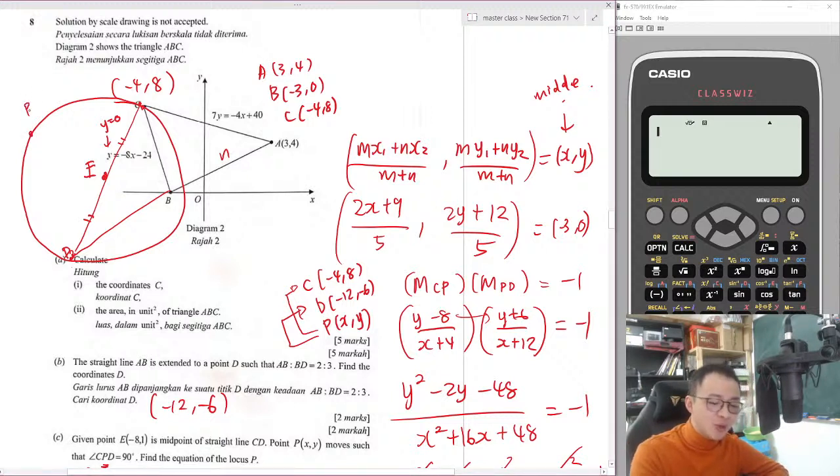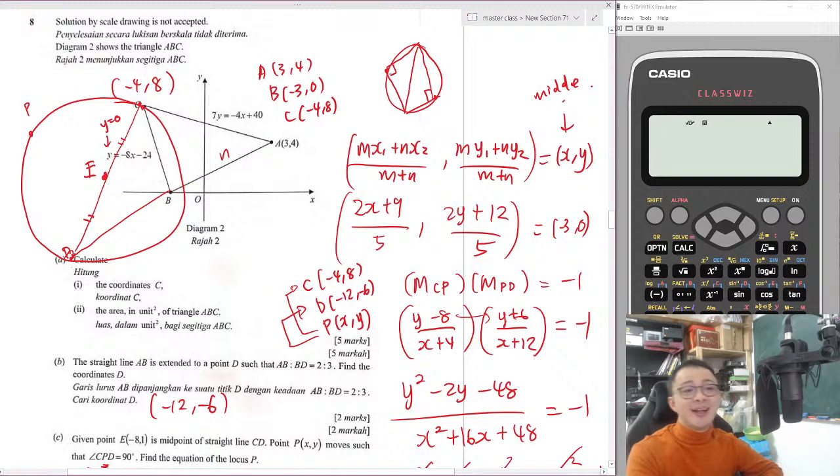We learned in the circle theorem that if this is a diameter, any point on the circumference connected to the diameter must always give 90 degrees. As long as this is the diameter, P can be any point on the circle.